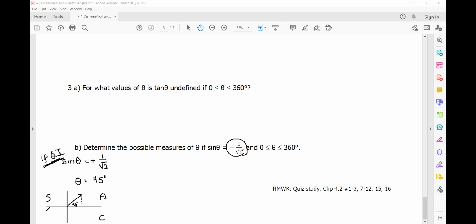CAST. Sine theta, the angle that we're dealing with, has to be in quadrant 3 or quadrant 4. So this part right here must be in quadrant 3 or 4.